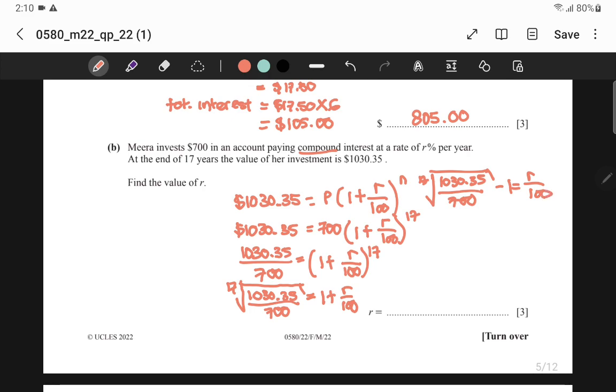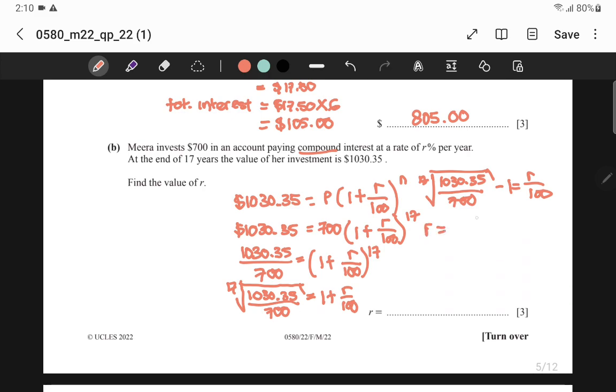And then to get the R at last, or maybe I will not do that. Wait, maybe you will be confused. I will put the 100 together with this one, right? Oh yeah, it's correct.